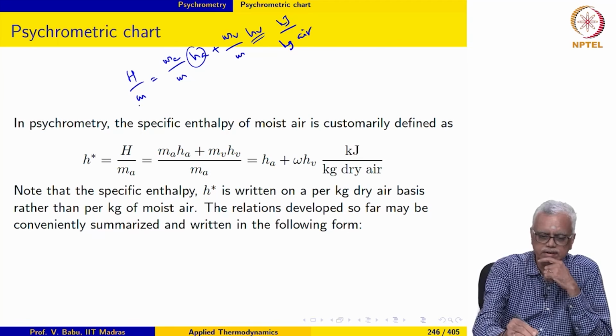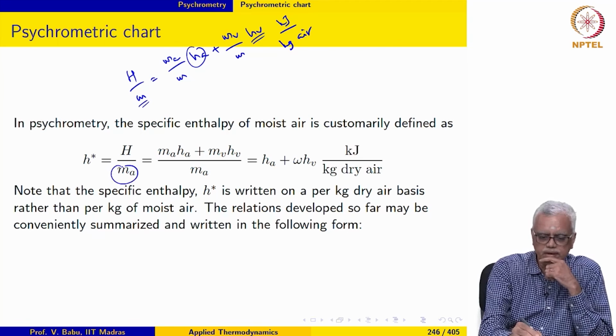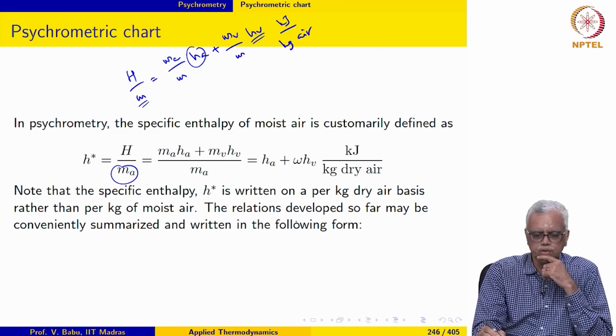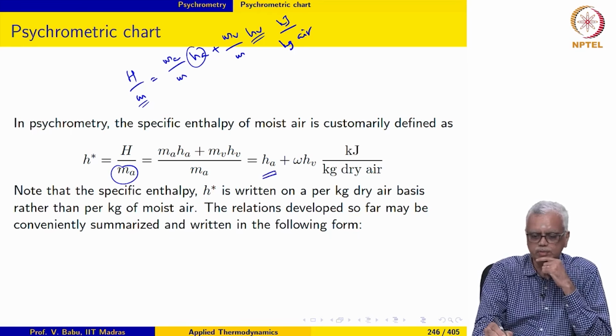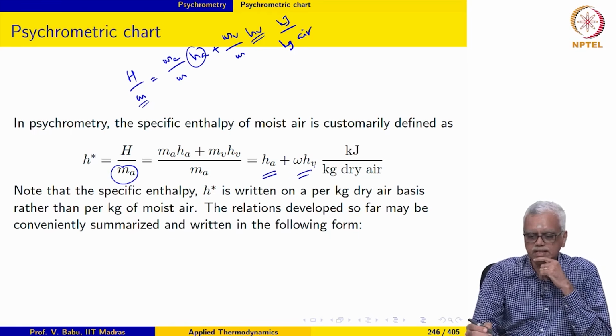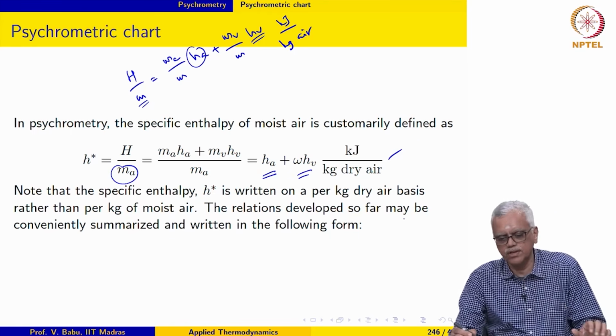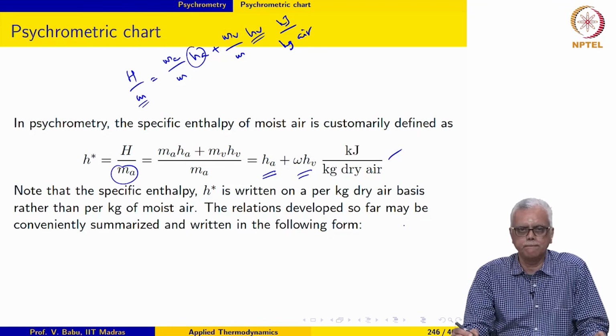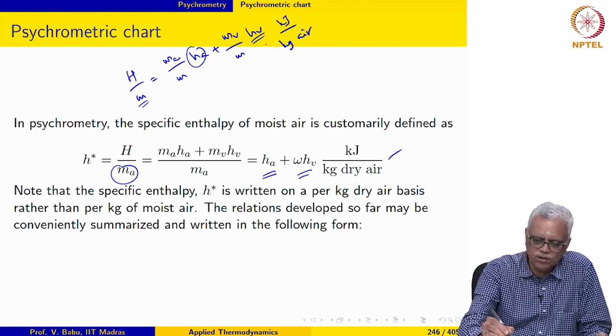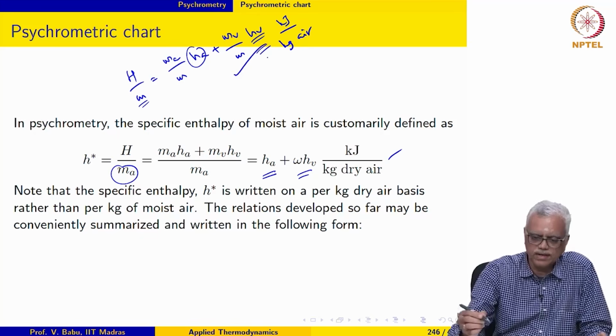So, instead of dividing by m, we divide by the mass of dry air. If you do that, then we end up with this combination ha plus omega times hv, which is in units of kilojoule per kg dry air. There is nothing wrong with this. This is perfectly all right.